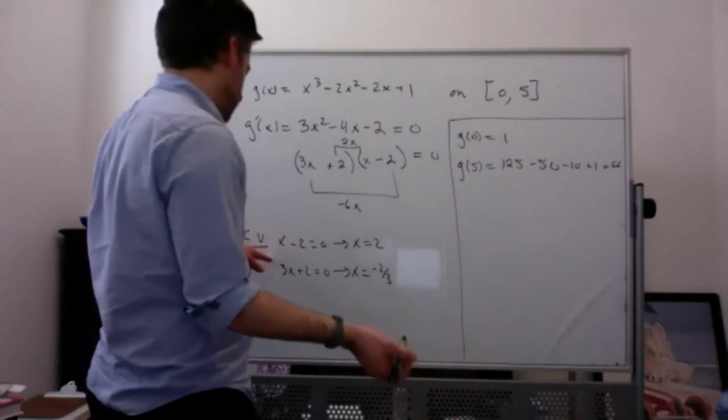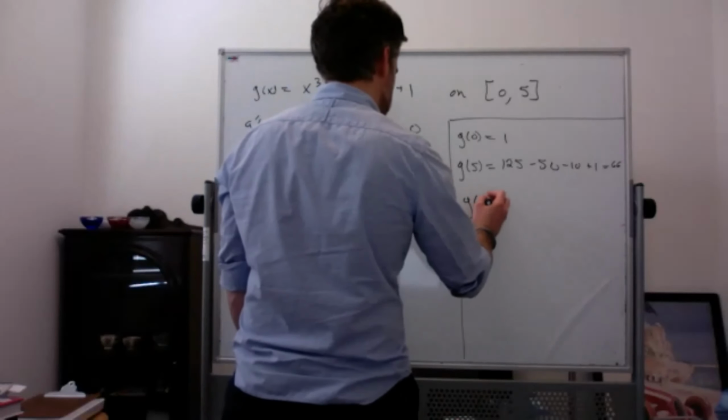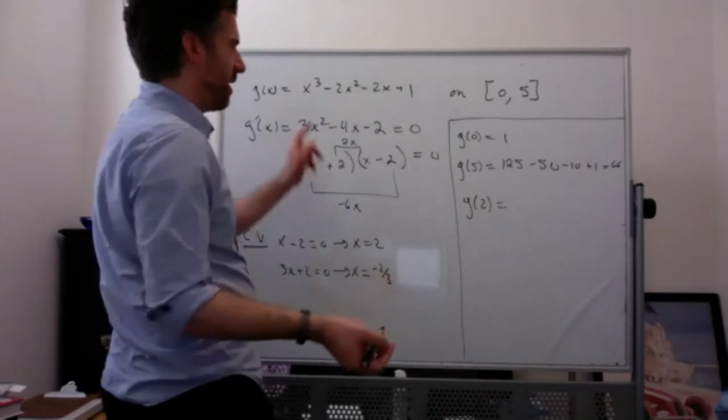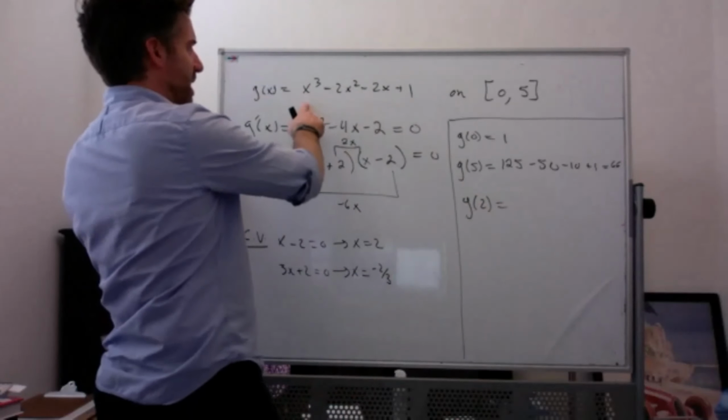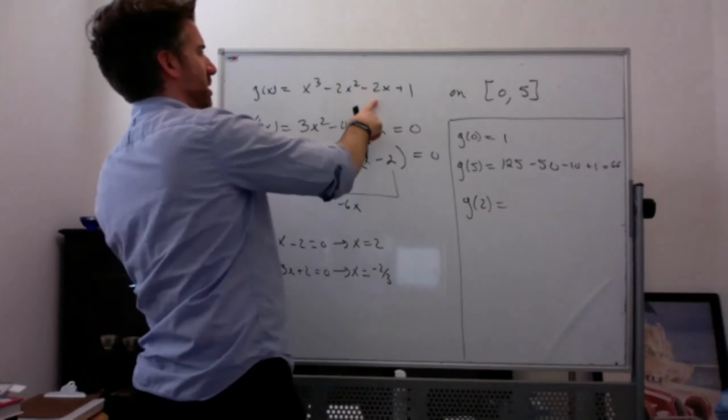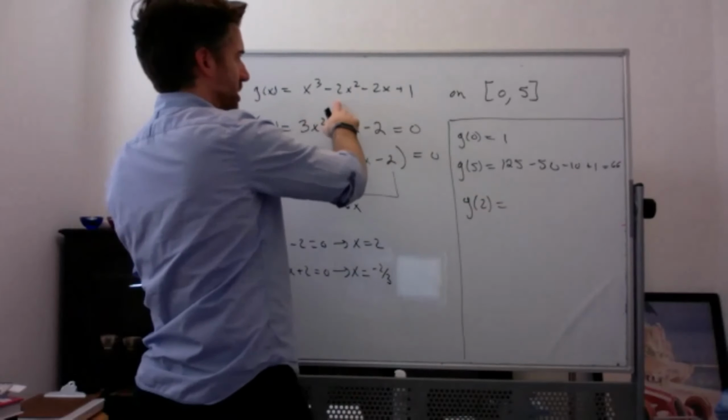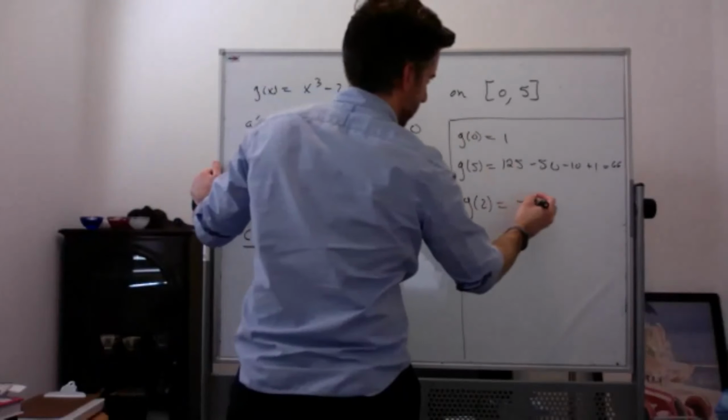And then I'm going to plug in g of 2. I would have factored this one if I could have, but I don't think it factors. Plugging in 2, I get 8 minus 8 is 0, minus 4 plus 1 is negative 3.